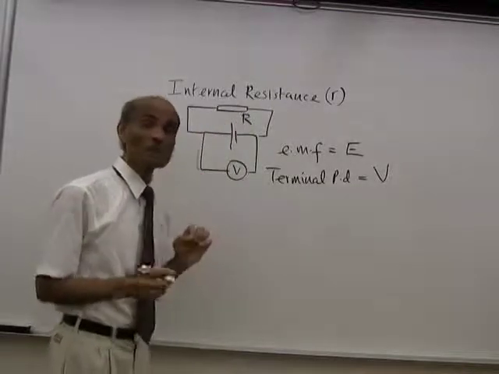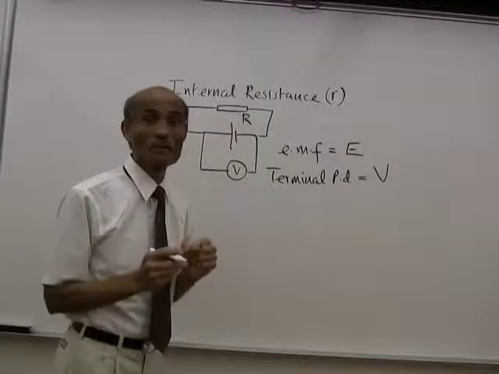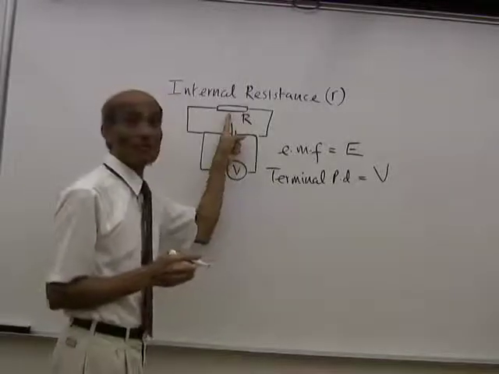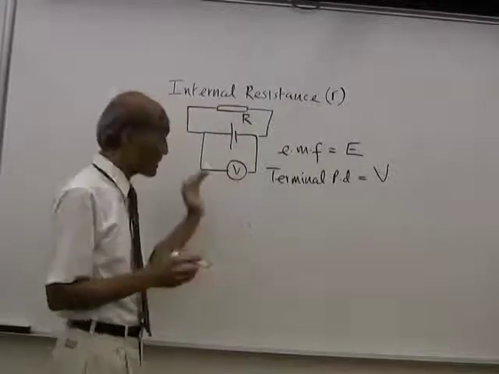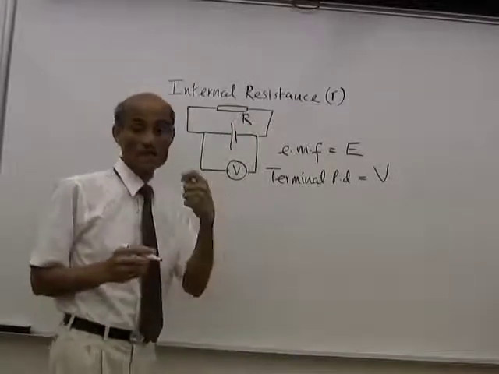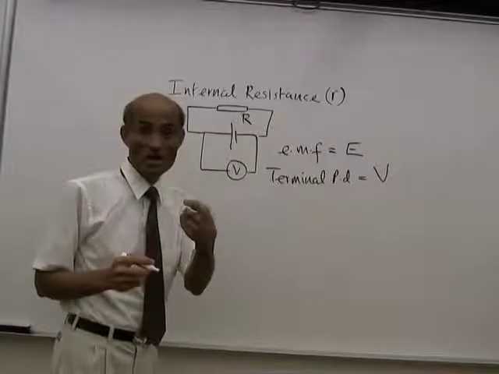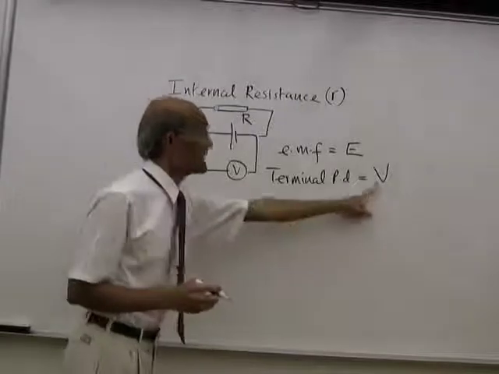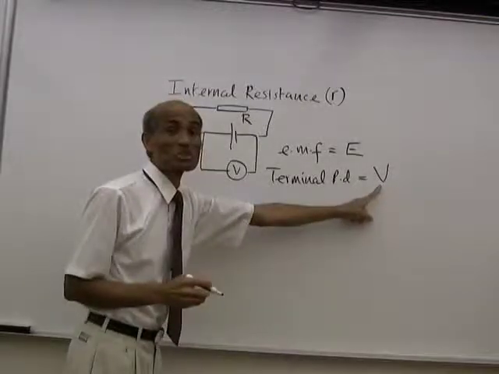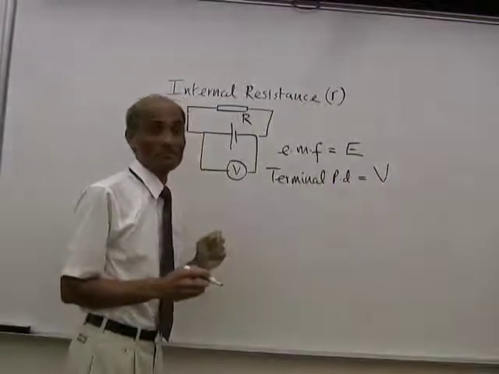So what I'm going to do is, I will set up the equipment and change the value of R 7 times, and I will give you the values. I will not write them down here. Each time I change R, I will tell you what it is, and measure the terminal potential difference each time.